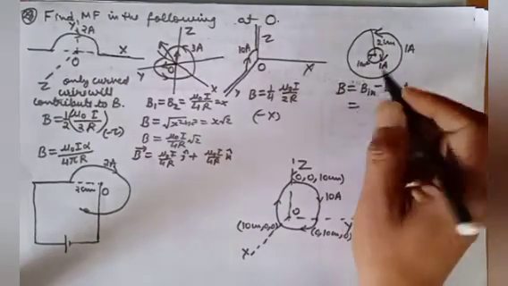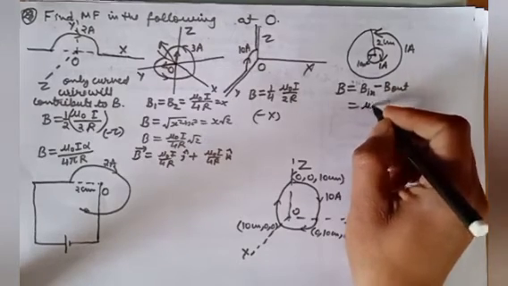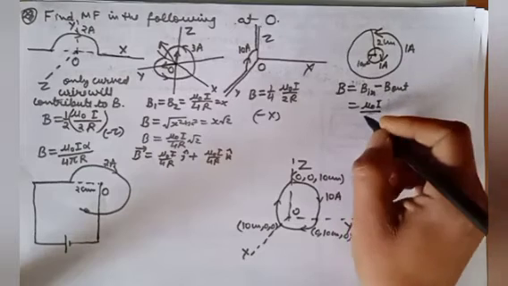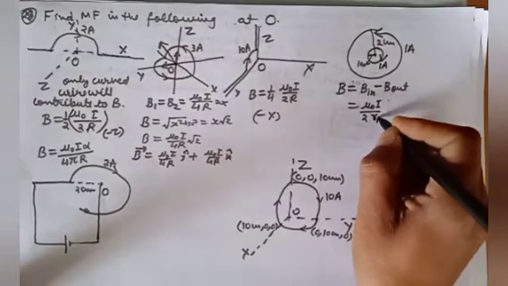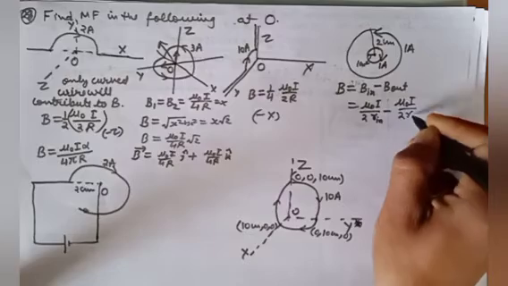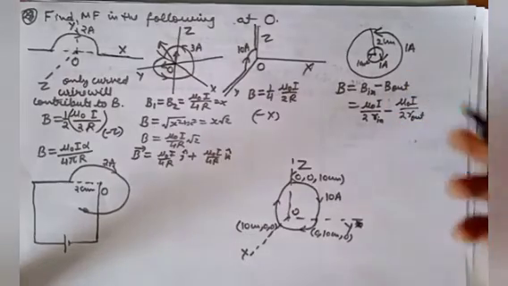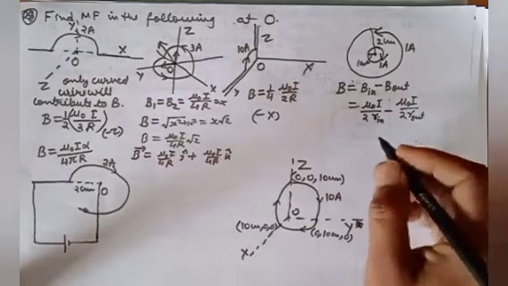And now for a circular loop, B is mu naught I upon 2R. I am writing it R in minus mu naught I upon 2R out, outer. So you can put the values, that's not a big deal.